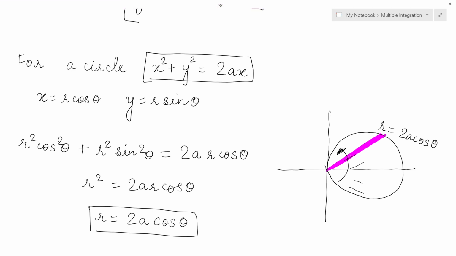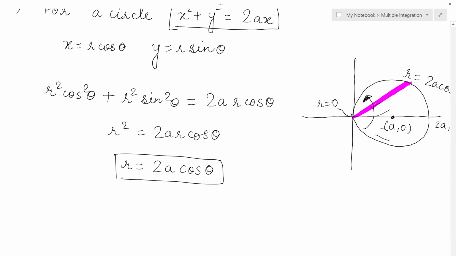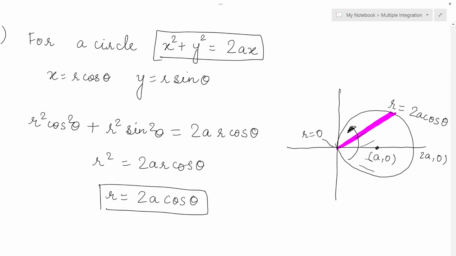Now this is your 2a comma 0. The center of the circle is a comma 0, right? And here it is r equal to 0. So clearly inner limits are very clear, 0 to 2a cos theta, because the radial strip is touching 2a cos theta. But now the outer limits, okay?